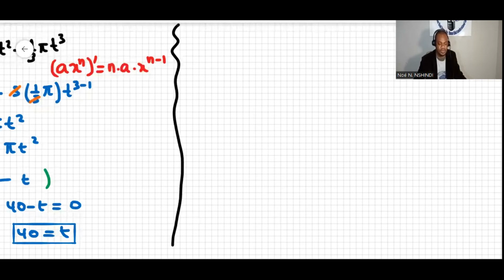Question 9.4. We're looking for the percentage of the sphere used in order to obtain the maximum volume.